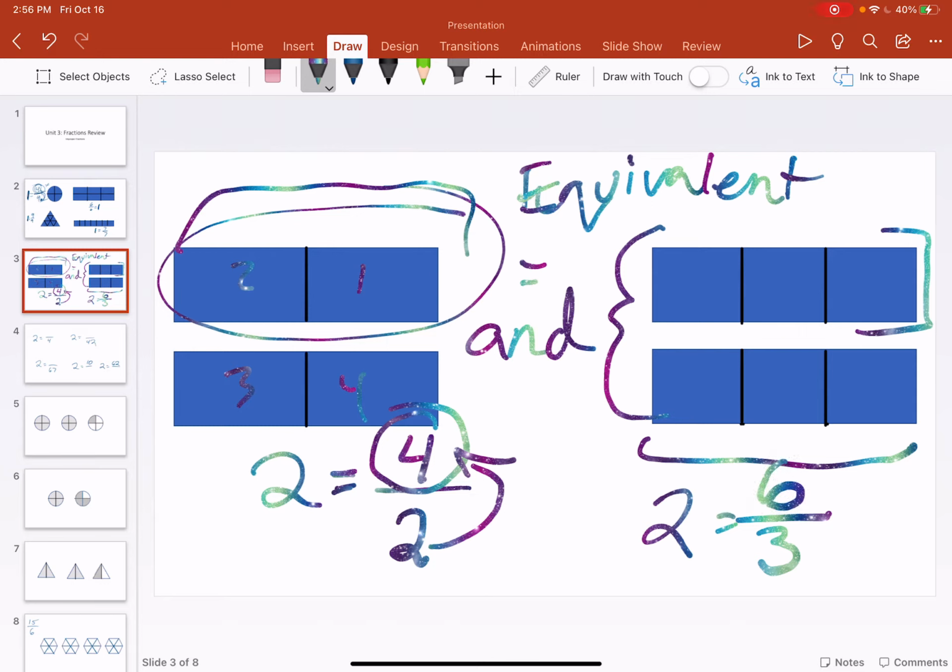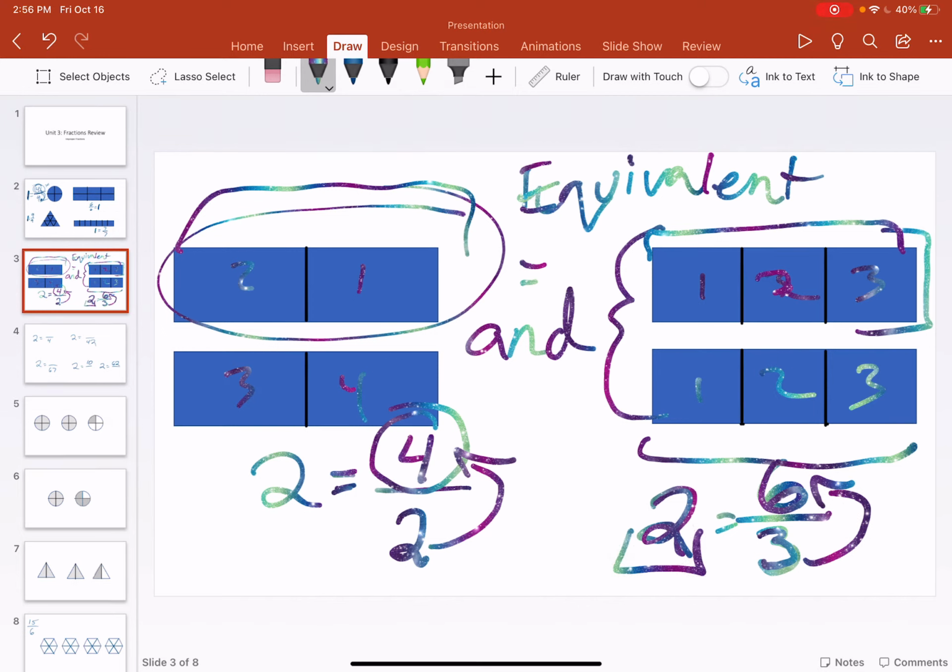If this is my pizza, each pizza is cut into 3 pieces, and I have 2 pizzas, for a total of 6. This is where people start getting a little bit confused with fractions, so hopefully I'm doing a good job of explaining it. If I take 6 and divide it by 3, it proves that it's 2 because 2 times 3 is 6.